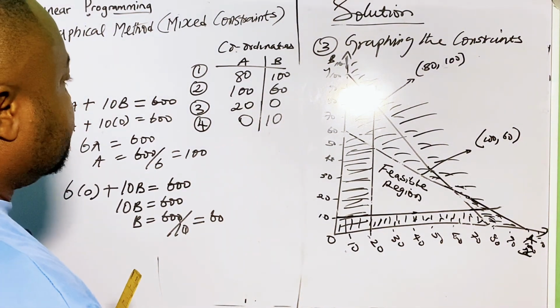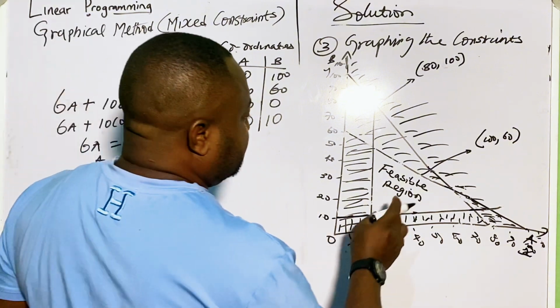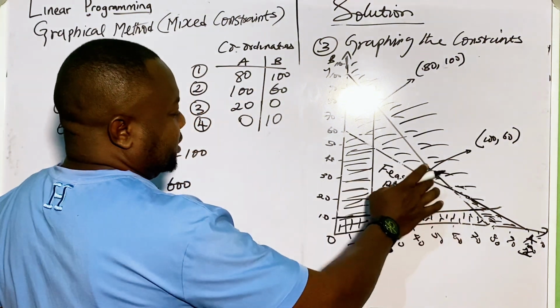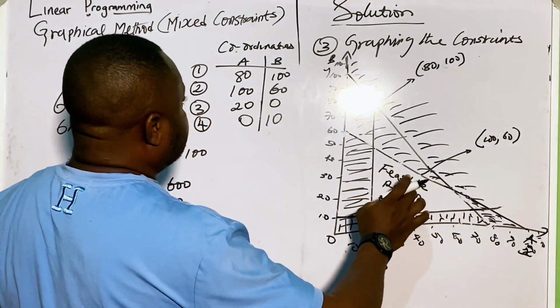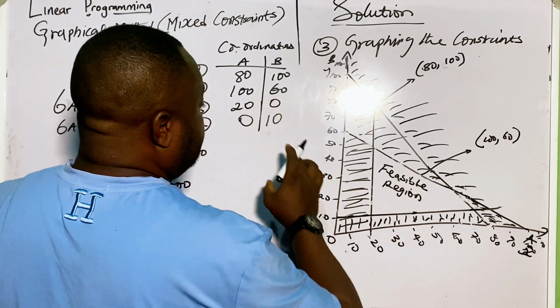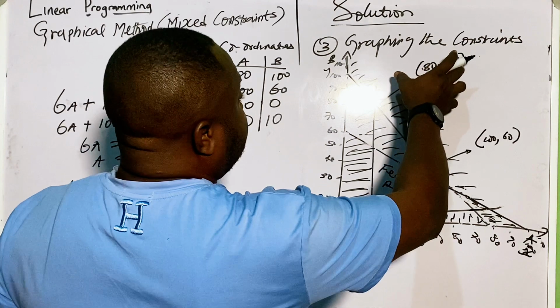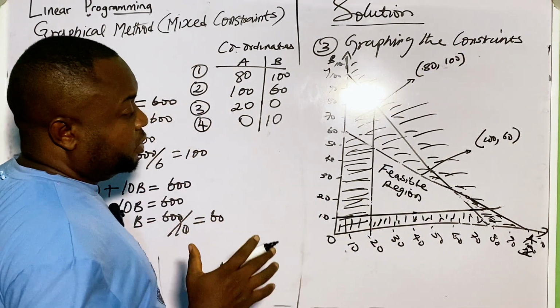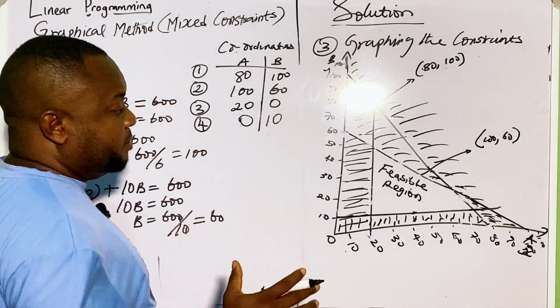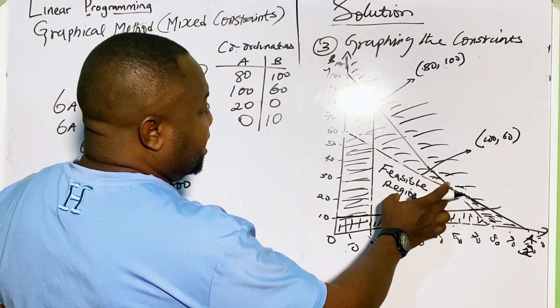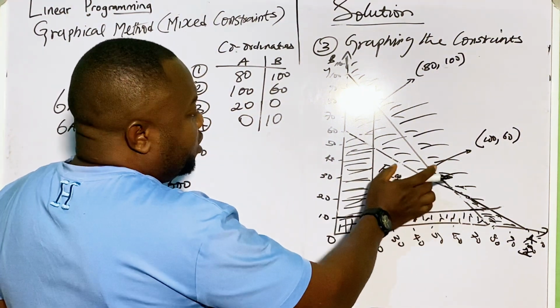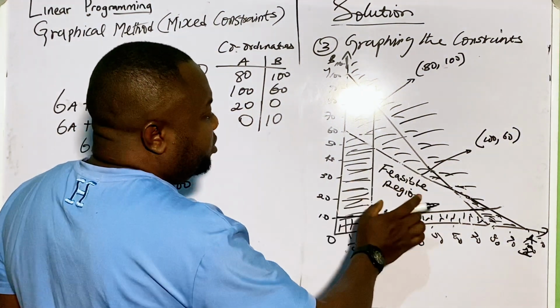So the next thing is, if we are to test all this space, of course, our objective function is of the profit type, is of maximization case. So this is a space of profitable combination.